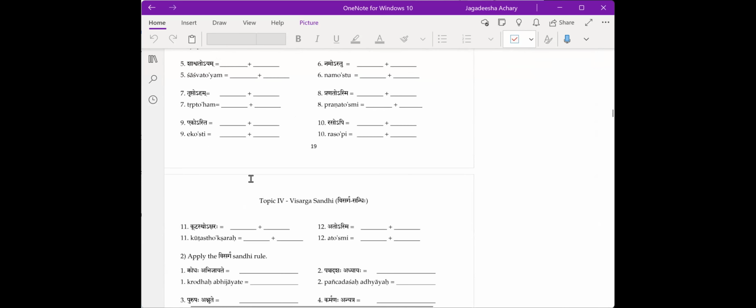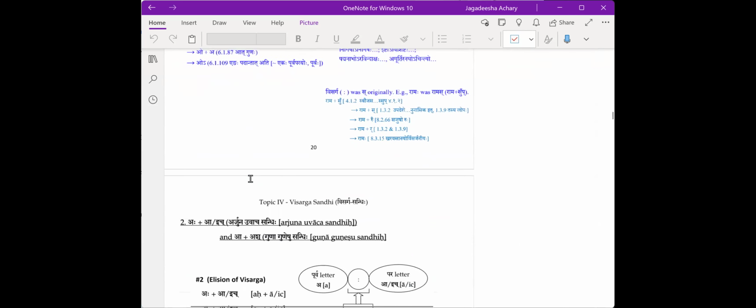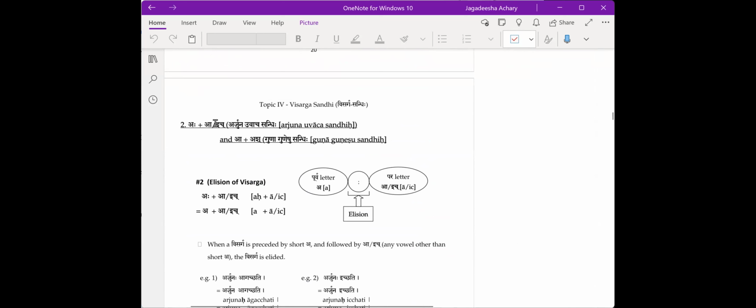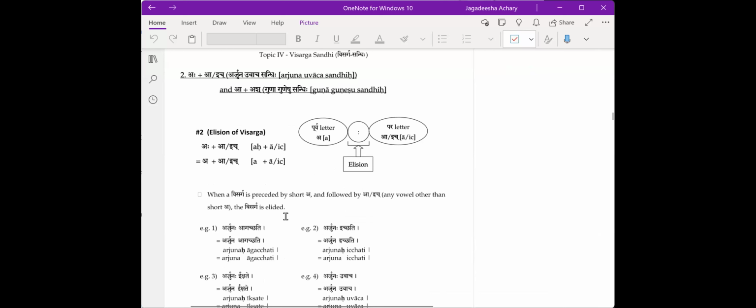Okay, so this part is done. 2A is the top line. Arjuna Uvacha Sandhi we will do first, and then we will go to Guna Guneshu as a separate one. I didn't like that she put them together. This title should have gone to the next page. Purvapada ends with Aha. Parapada starts with all the vowels except short Akara. That is the part in this page.